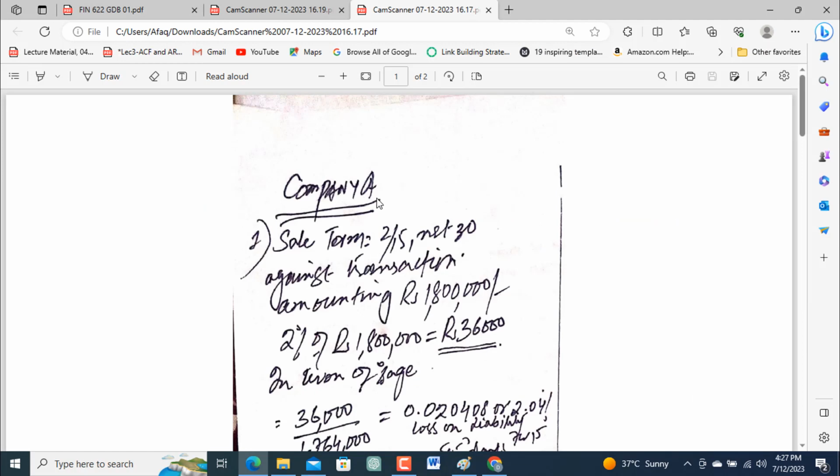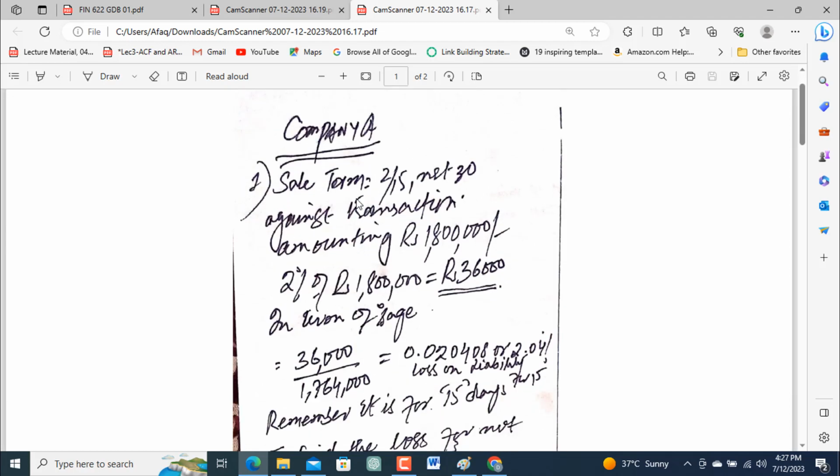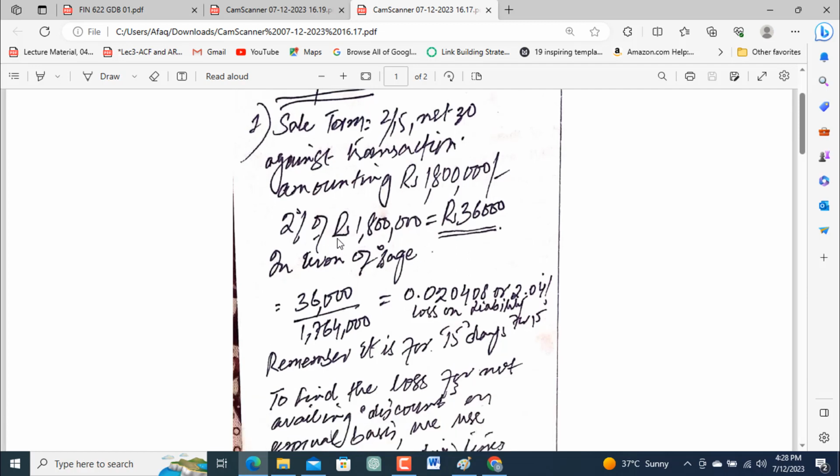Here is the solution. Part 1, company A, we are going to determine the effective annual rate. The sale term is 2/15 net 30, engaged in a transaction amounting to rupees 1800,000 or 1.8 million. 2% of 1800,000 is equal to rupees 36,000.